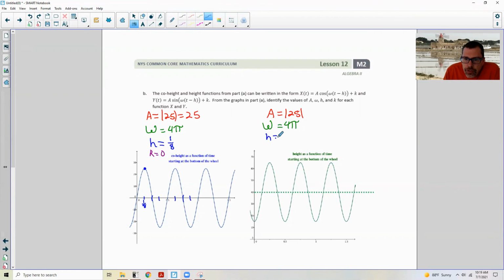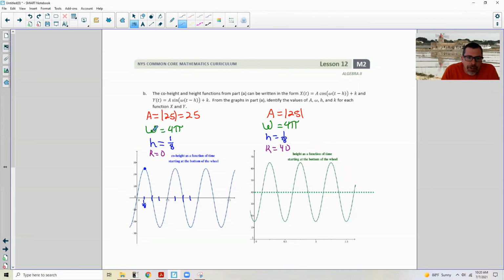The shift is, again, we're at 0 here. So H is 1/8. We moved it over 1/8 of a minute, or 7.5 seconds. But in this case, K was shifted up 40. Okay, so there are our values using the graphs from part A.